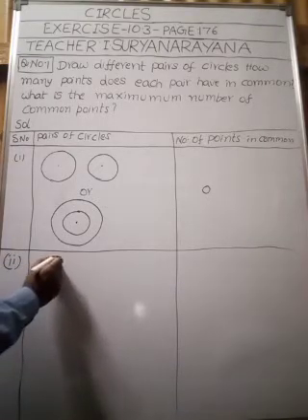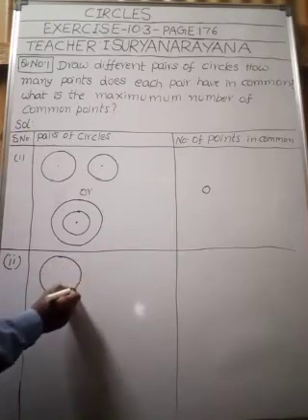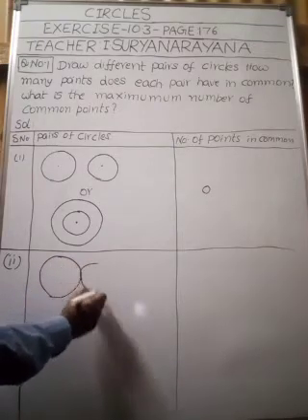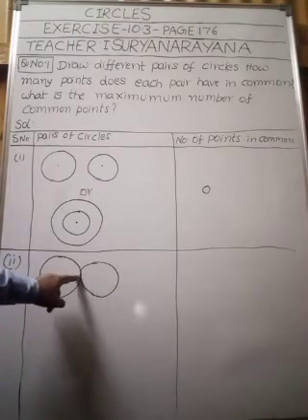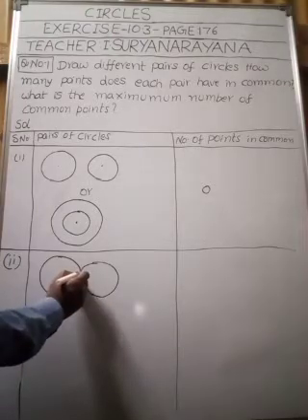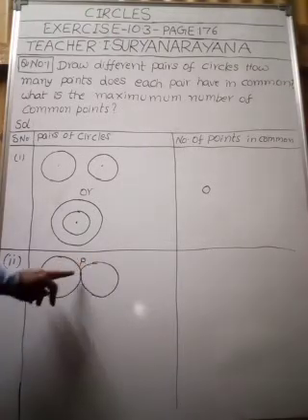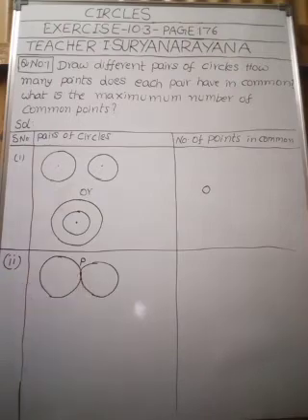Second point. The two circles are touching each other like this at a point. Okay, my children? This point is called the point of contact.